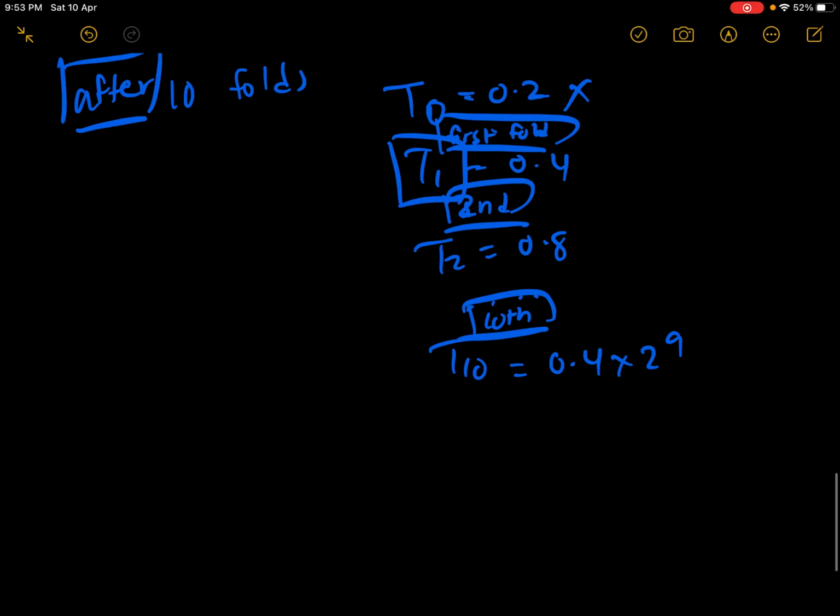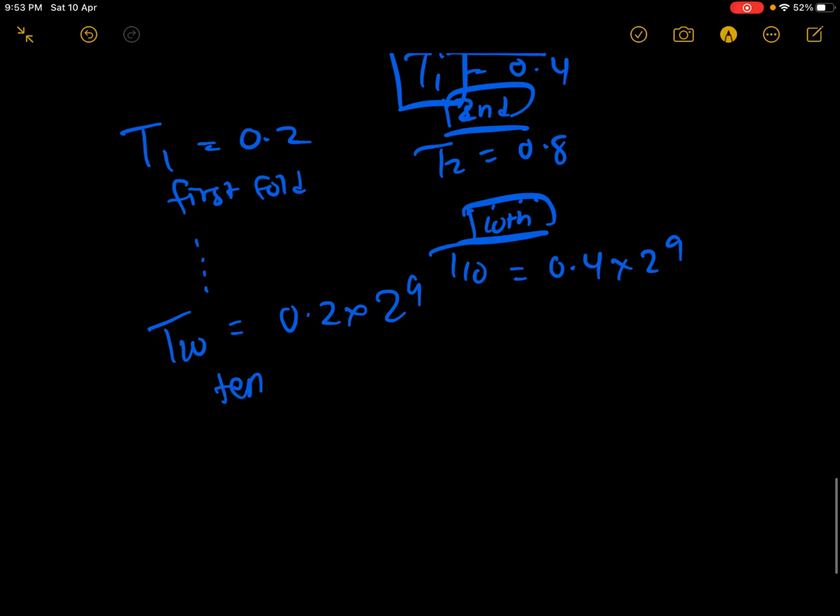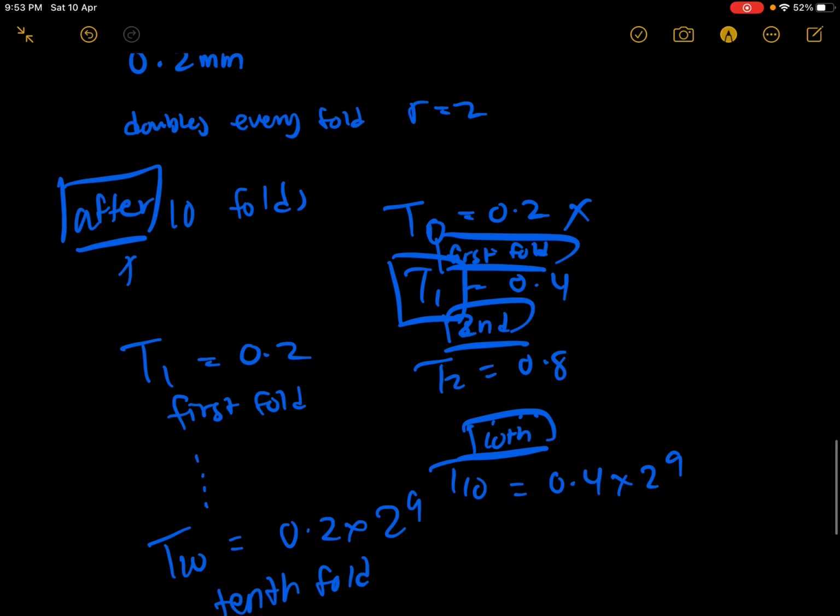Because if you were to use T0 as your first term, so let's say T1 is equal to 0.2, and then first fold, and so on, then T10 is equal to 0.2 times 2 to the power 9. But then your 10th fold is after your 10th term.